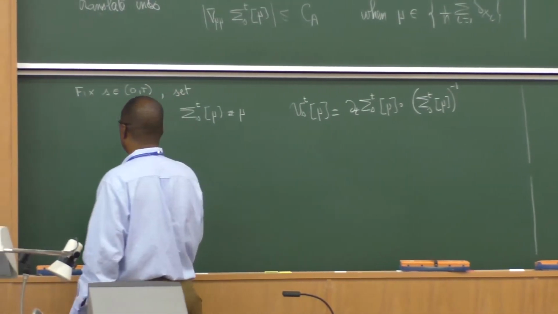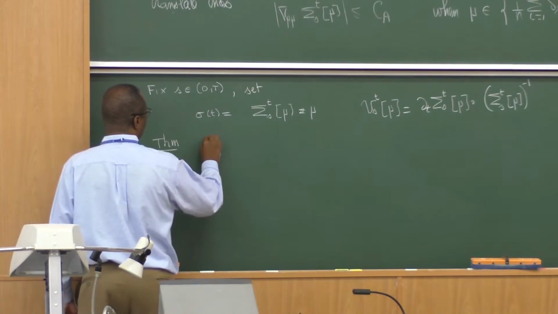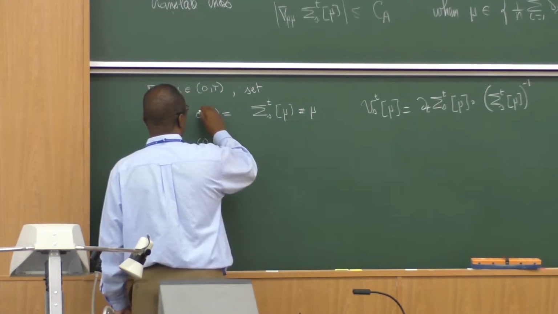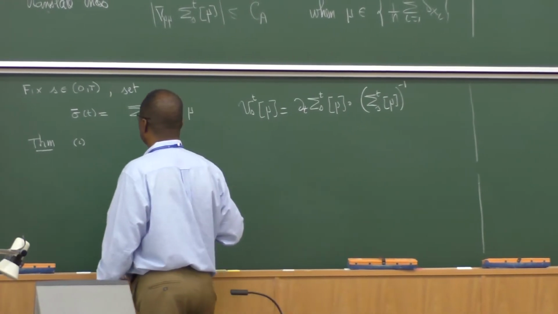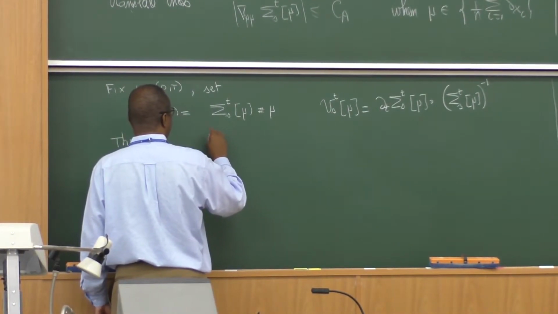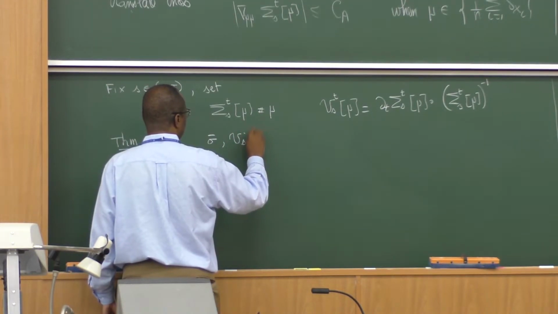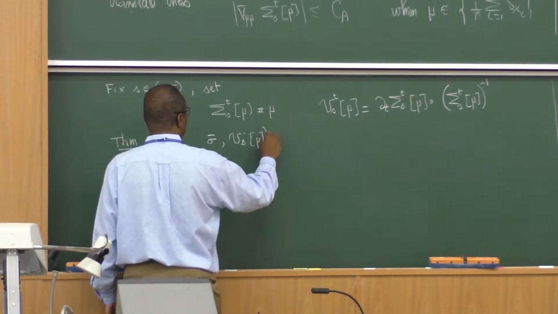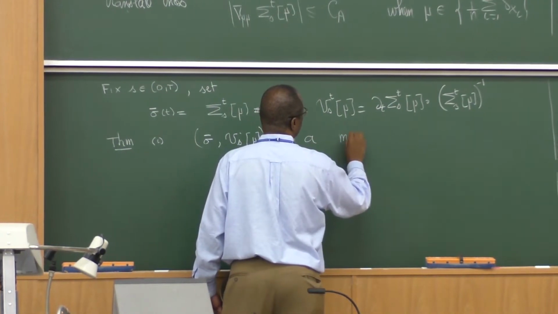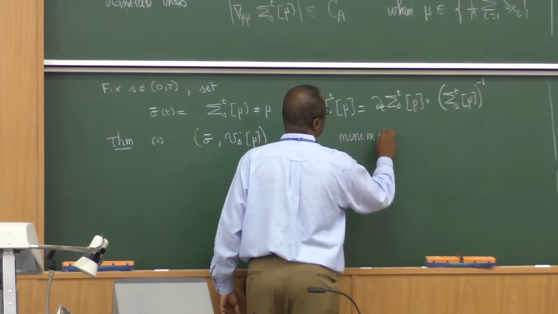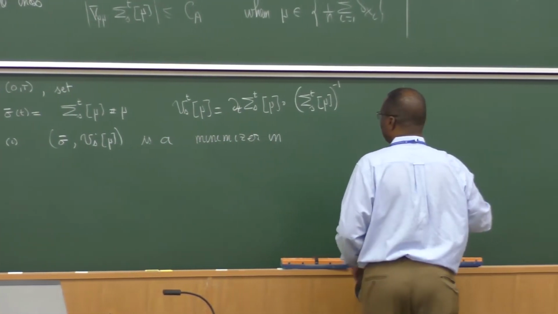So, theorem. The first statement is, let me put a bar here. Sigma bar V S mu is a minimizer in the value function.